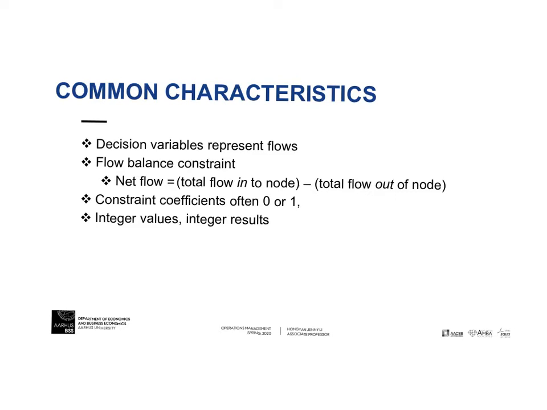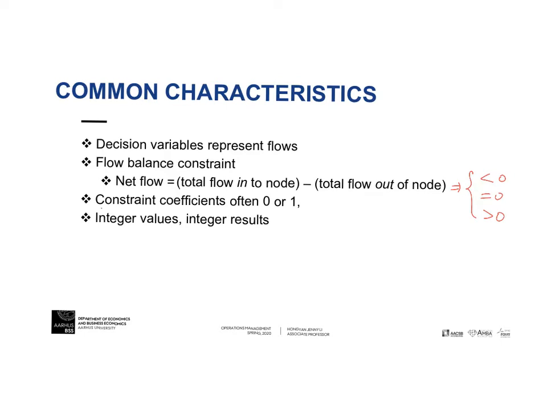From flow balance constraints, the network model normally can be categorized as balanced and unbalanced models. Here the net flow sometimes can be negative, sometimes can be positive. For balanced constraint, the flow in equals the flow out. So here you can see the net flow can be 0, less than 0, or greater than 0. Then this forms into different types of models, balanced or unbalanced models.